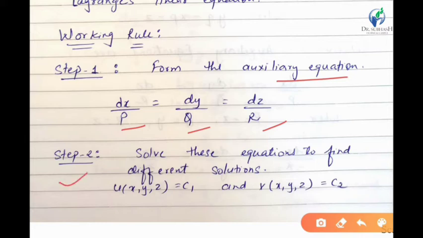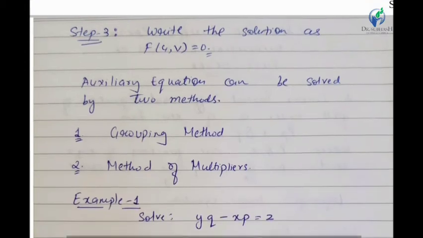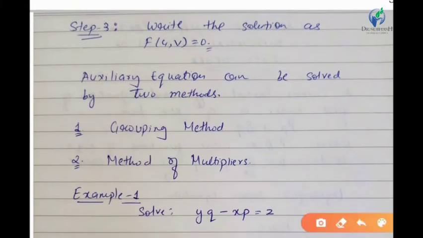That will be our step 2. We name it as u of xyz equal to c1 and v of xyz equal to c2. Our third step is we have to write the solution as f of uv equal to 0.